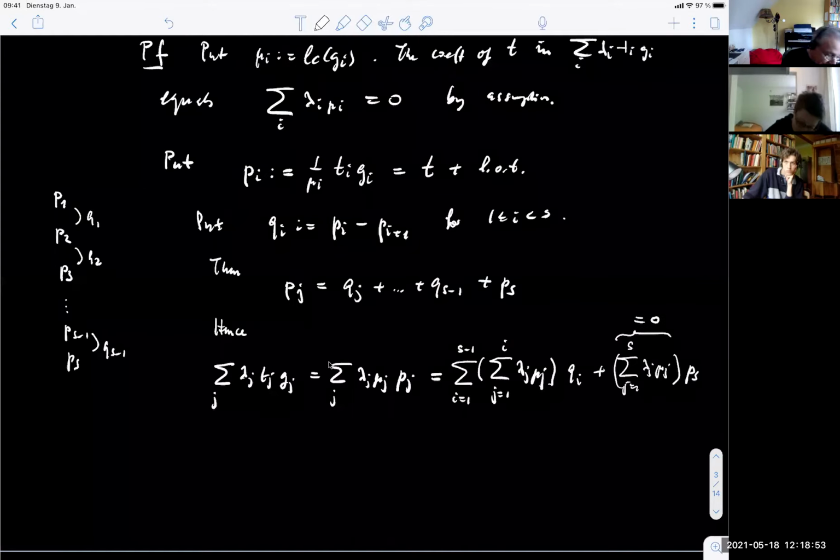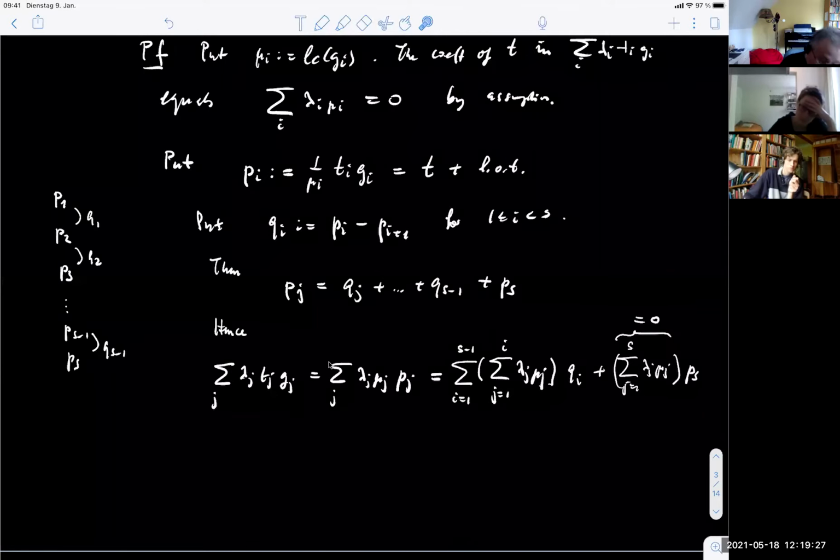So this contribution goes away, and my polynomial of interest has now been expressed as a linear combination of the Q I, these difference polynomials. All that remains to do is to show that these difference polynomials Q I are linear combinations of S polynomials.